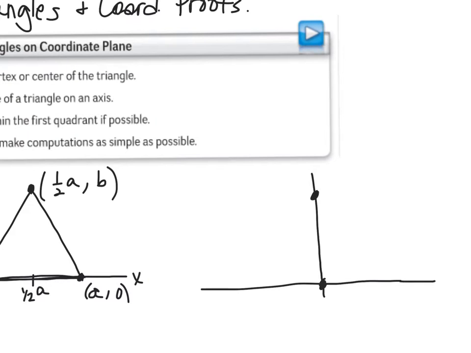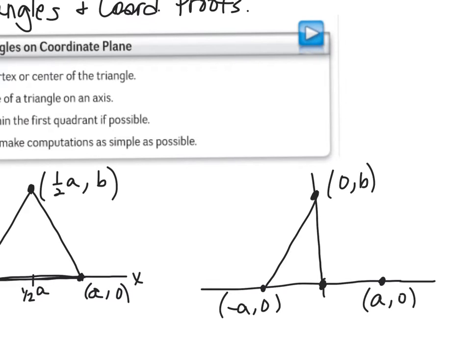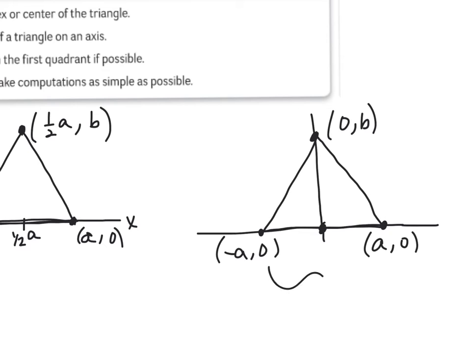Say my vertex is B long, so that coordinate would be 0, B. Then if I put one coordinate here at A, 0, my other one would be at negative A, 0. And then this could be an isosceles triangle. But how long is the base? That would be 2A. 2 times A is how long the base is.